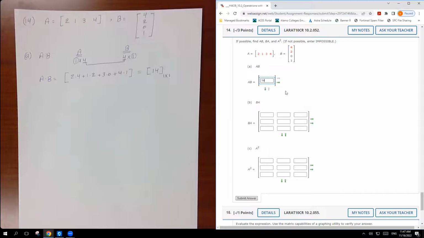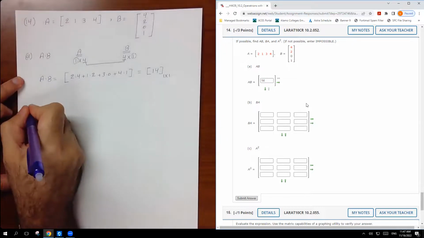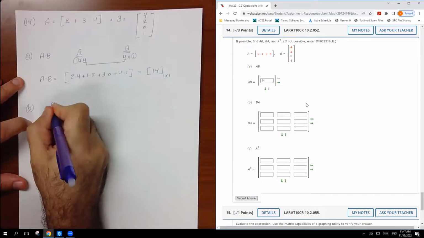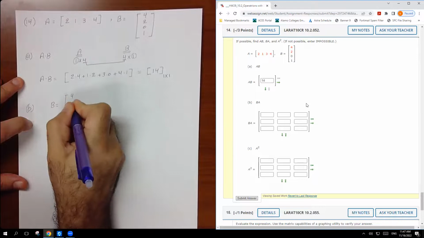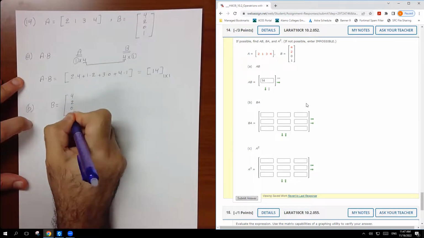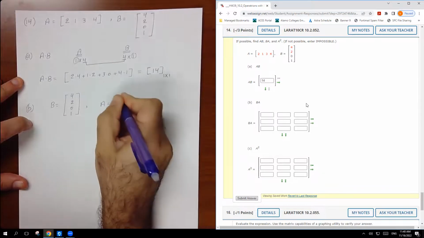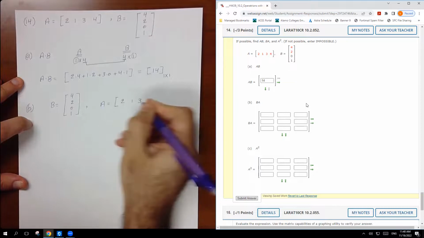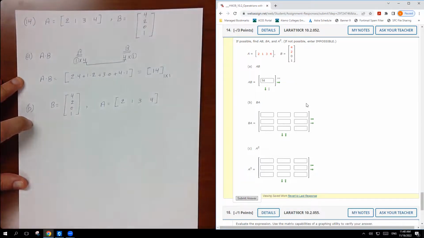For the second one, if we multiply B times A, I'm going to write down B first, 4, 2, 0, 1, and A equal 2, 1, 3, 4. Let's check. Can we do the multiplication?